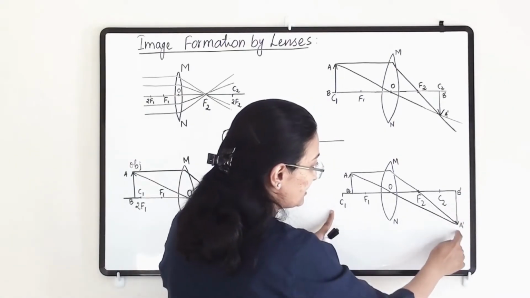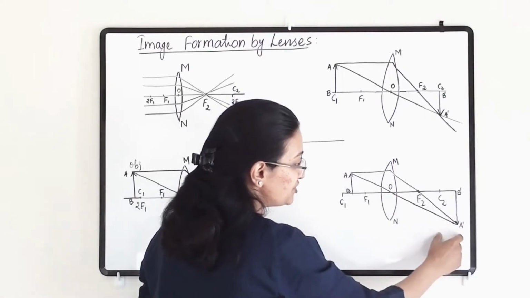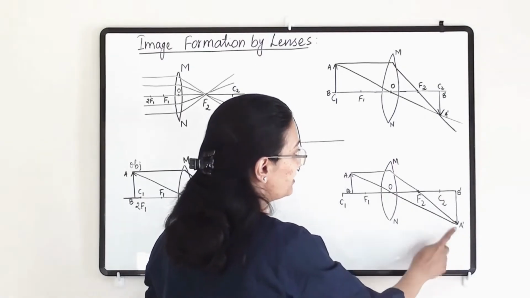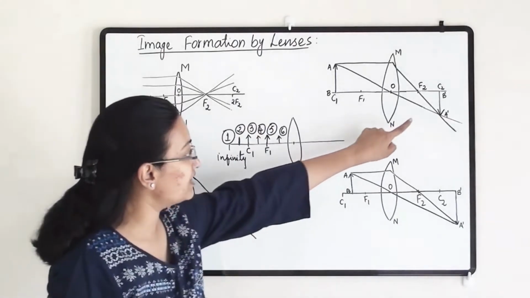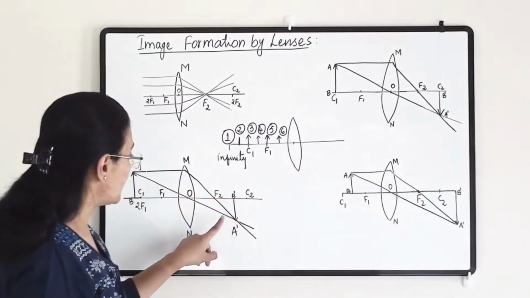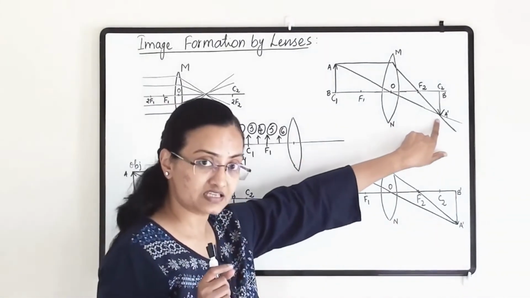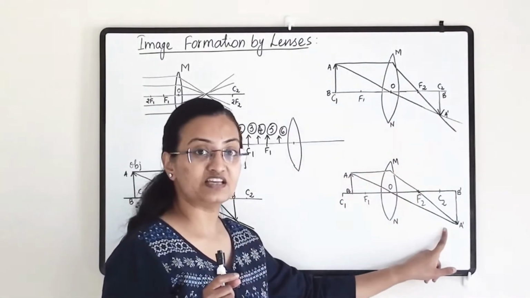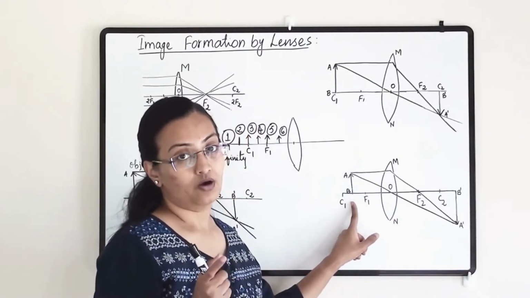So we are getting the image enlarged, very big compared to our object, real and inverted. So in all these cases we have seen that we are getting an inverted image. In this case we are getting a diminished image. In this case we are getting the same size image, and in this case we are getting a bigger size image compared to the object.